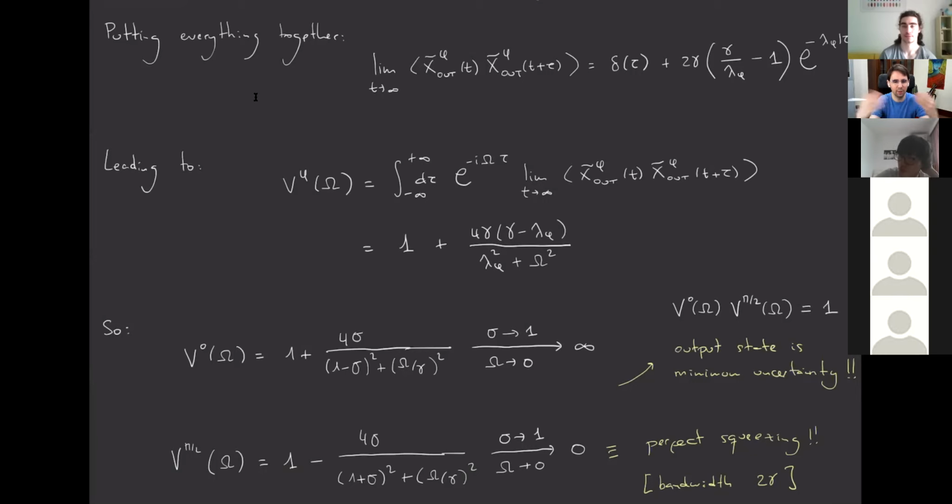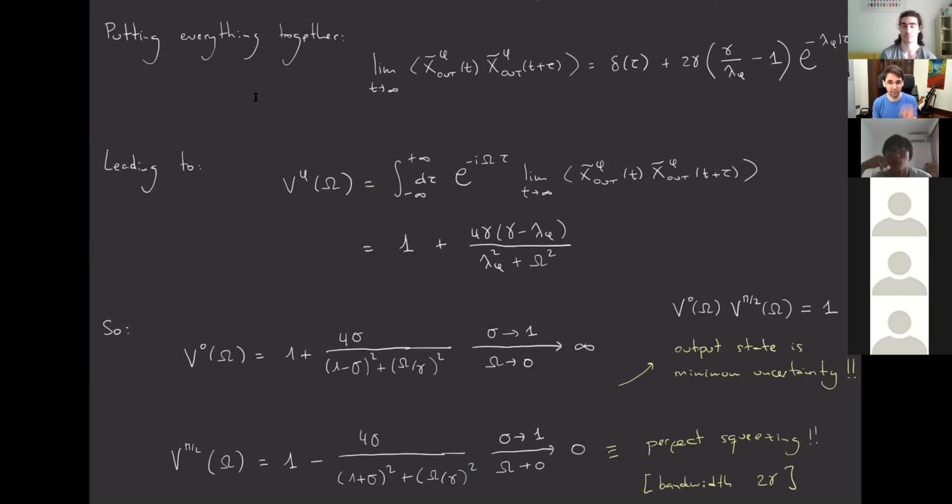And it was not clear what the relation was, how you define the squeezing in the output signal, so in the output field. And finally, I think it was when I was born in '83, actually, there was a paper showing for the first time, hey, we have been looking at this in the wrong way. The good quantity to measure is this quantity here, the output quadrature noise spectrum.